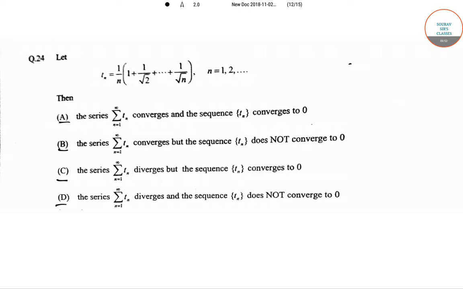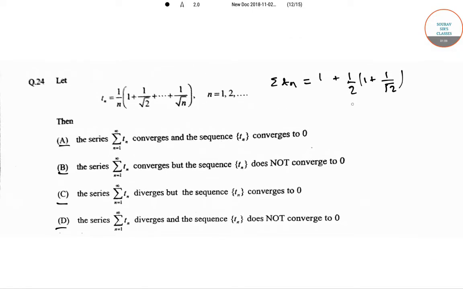Well, so summation Tn is equal to 1 plus half times (1 plus root 2) plus 1/3 times (1 plus 1/root 2 plus 1/root 3) and so on.